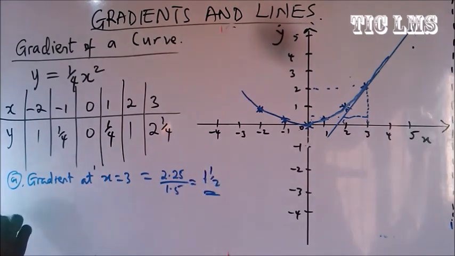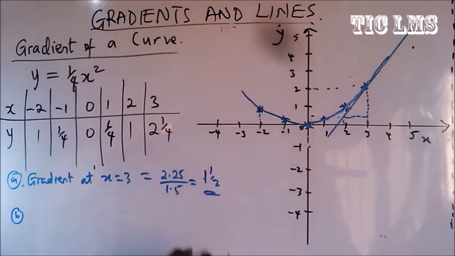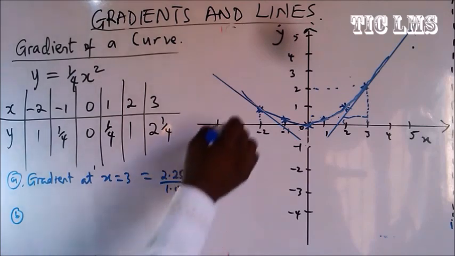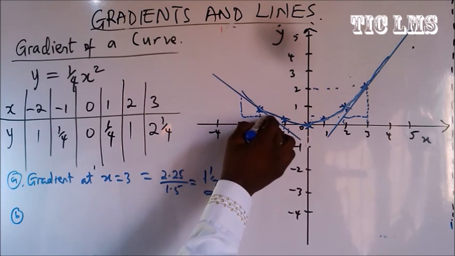Okay, so the b aspect, we are told to find the gradient at where x is minus 2. So here as well, we'll trace this up, and then we'll draw a line. All right, so after drawing the line, we'll find the gradient as well, just as we've been doing.